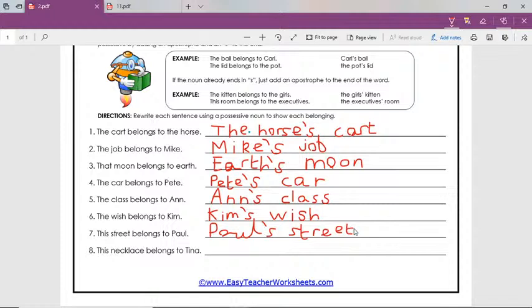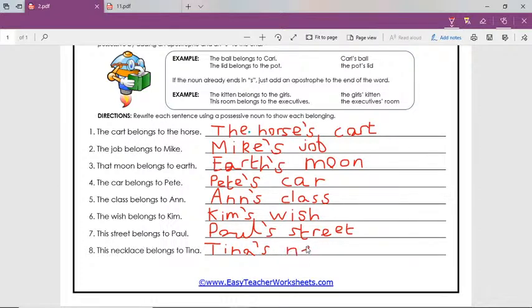Question 8. This necklace belongs to Tina. Again, it's very straightforward. So it is Tina's necklace. Tina apostrophe S.